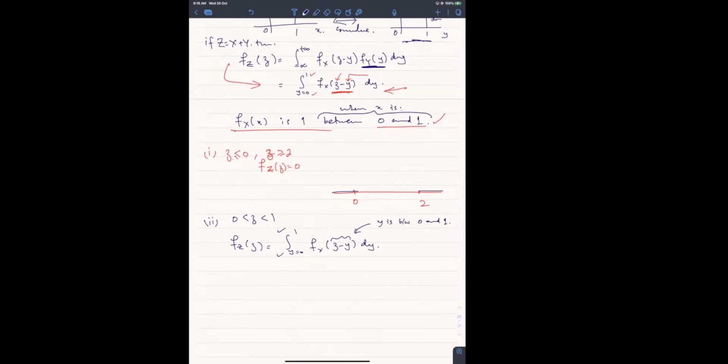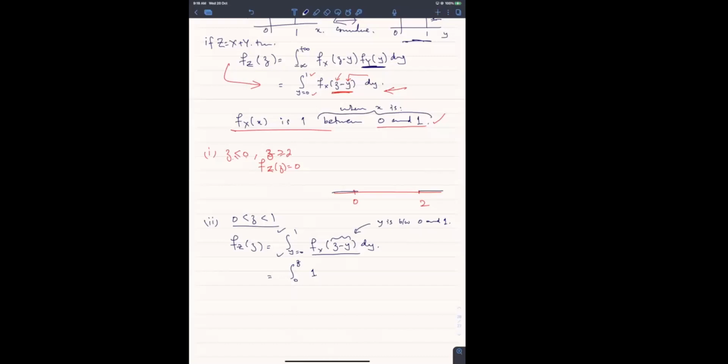So when y is between 0 and z, and z is between 0 and 1, only then you will have a non-zero value here. So when y is between 0 and z, then fX of z minus y would be equal to 1.